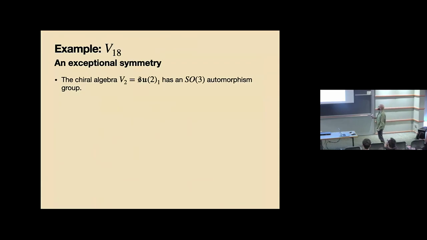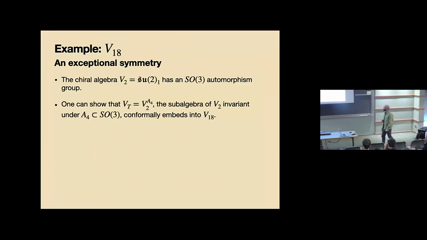This thing has an SO(3) automorphism group. One of the exceptional finite subgroups of SO(3) is A4. And you can look at the subalgebra of SU(2) level 1 that is invariant under this A4. That's what I call V_T. And it turns out that V_T embeds into this chiral boson theory at level 18.